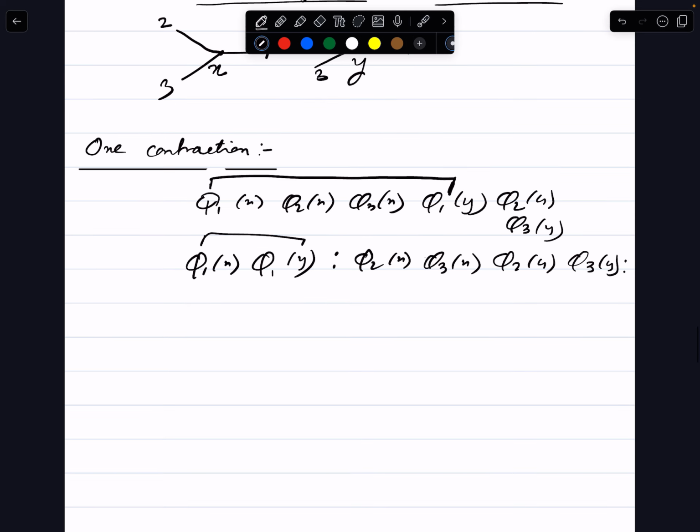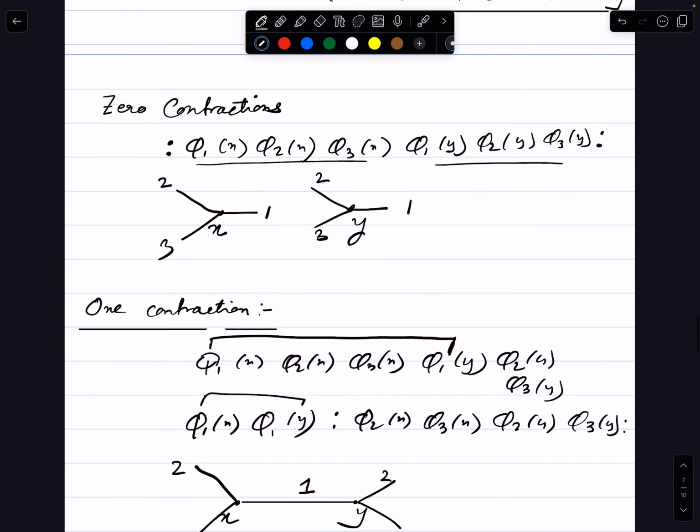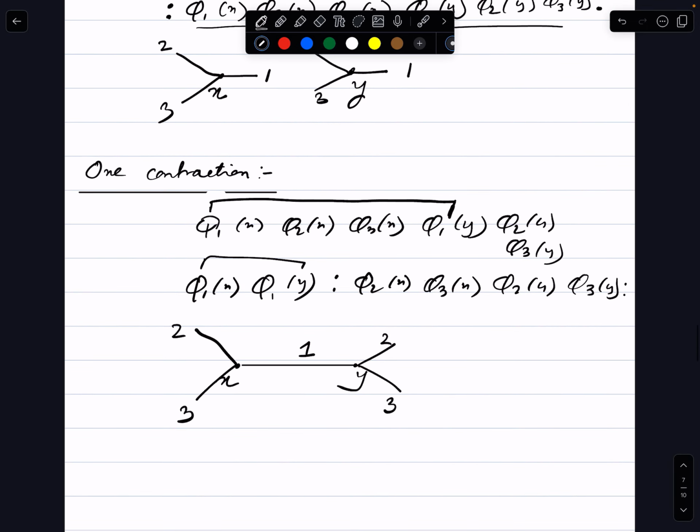The way to represent this in a picture is to draw a line between x and y, mark this as 1 because phi 1 is contracted, and then I have 2, 3, 2, 3. This is how we represent the various terms in Wick's theorem.